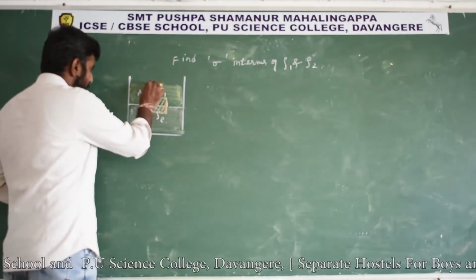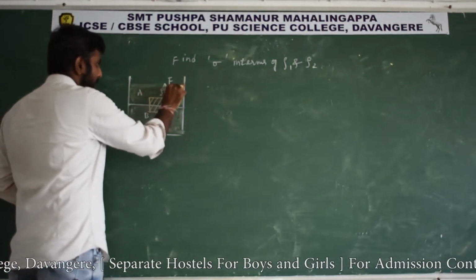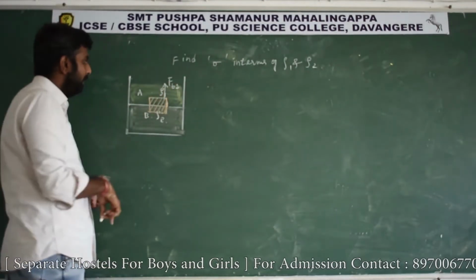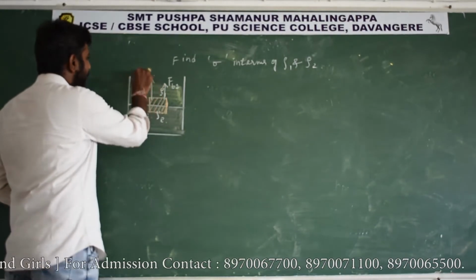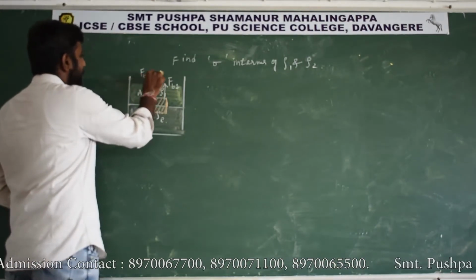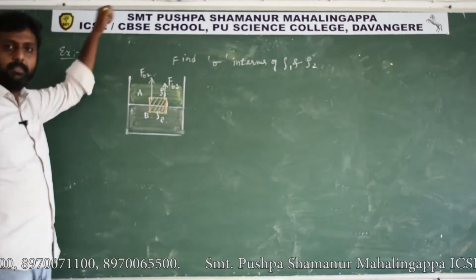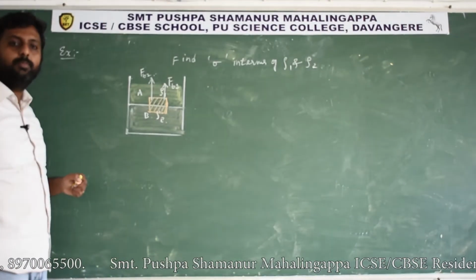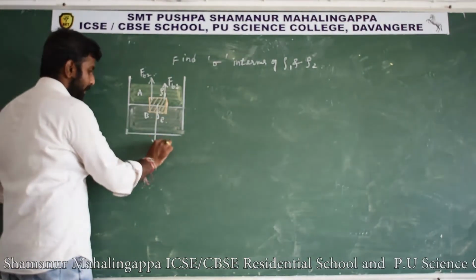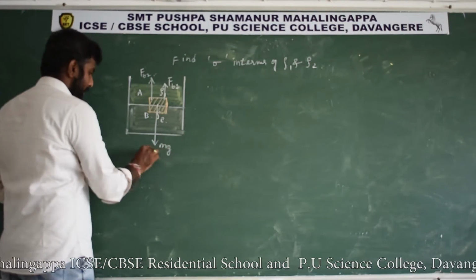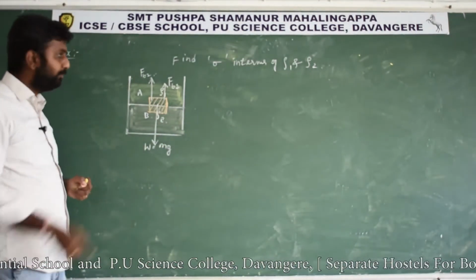Hence, I will consider this is the force of buoyancy by the first liquid, that is A liquid, and this is the force of buoyancy by the second liquid. In upward direction, these are the forces of buoyancy. And the weight of the object, mg, that is W, will act in downward direction.